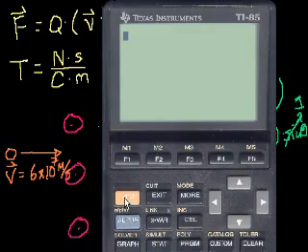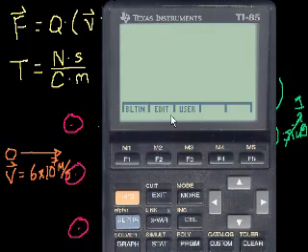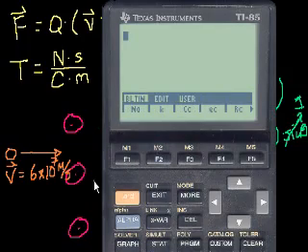If you press second and constant, that's second and then the number 4, they have a little constant above it, you get their constant functions, or their values, the built-in ones. I care about the built-in function, so let me press F1. They have a bunch of interesting values. This is Avogadro's number. This is the charge of an electron, which is actually the same magnitude as the charge of a proton. So let's use that.